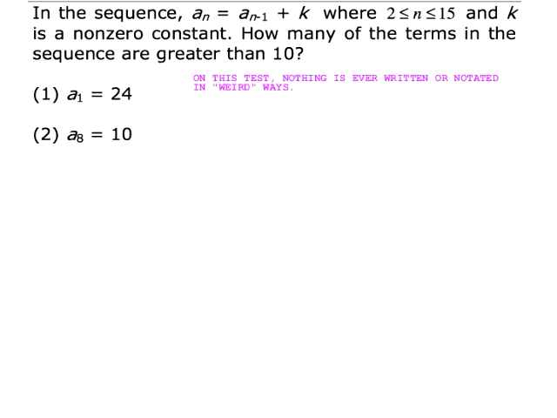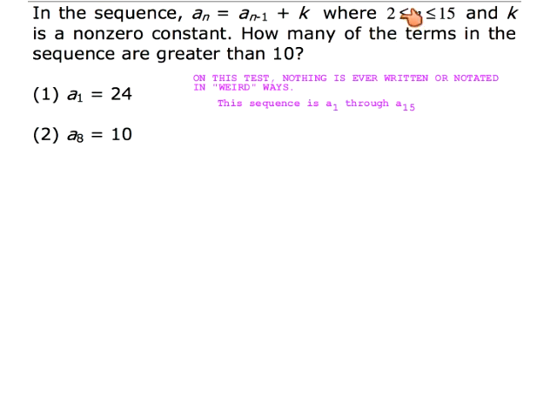So starting a sequence with term number 2 would be really weird, and they're not going to do it. This sequence is actually A1 through A15. Every sequence that you will ever encounter on the GMAT starts with number 1, always. You will never encounter a sequence that starts with anything else. If you're an engineer, you might see sequences starting with A0, but they don't do that here.